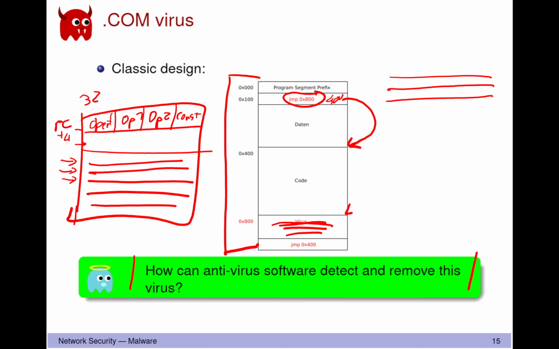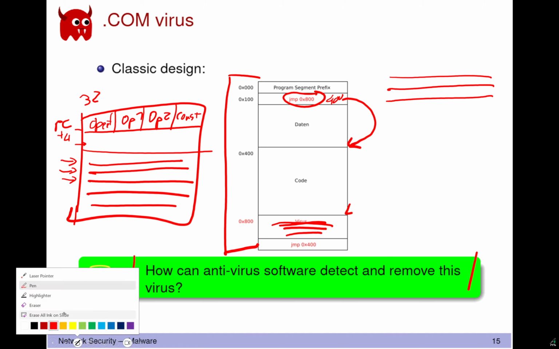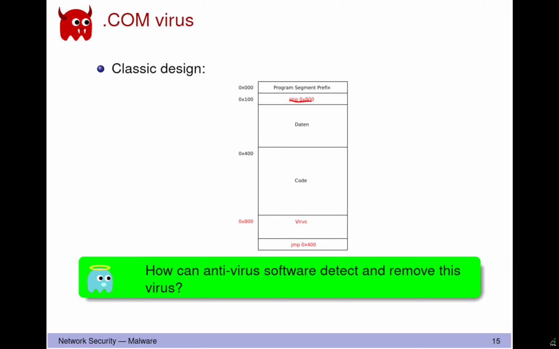Let's delete this. So let's say this is not allowed anymore for creating your virus, and you have to stick to jump 400. How can you reach your virus code now? Any idea what you could do?